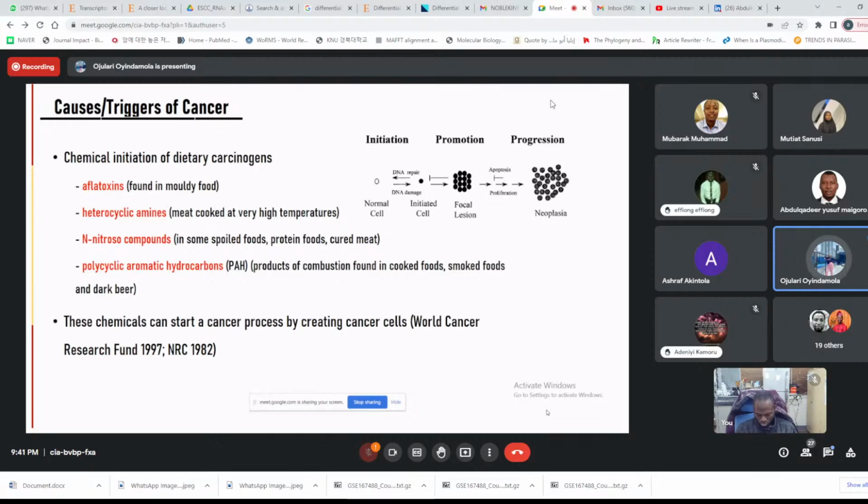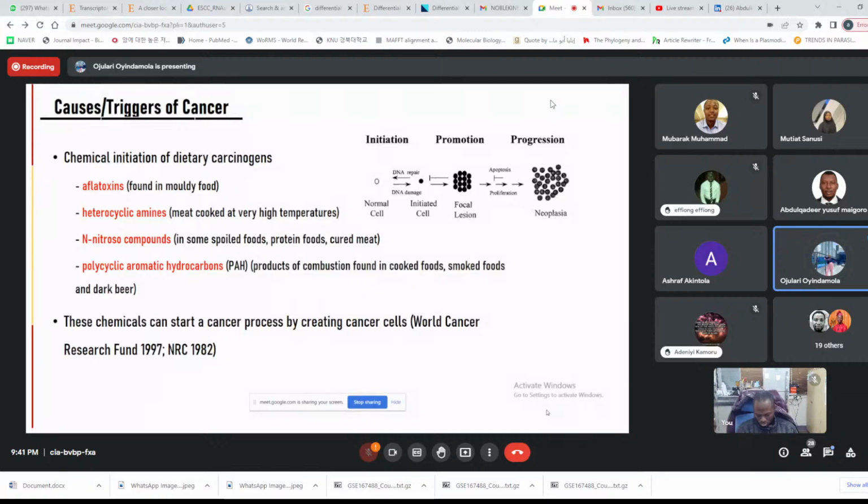And what these chemical reactions, or these chemical initiations, do is that they begin to start a cancer process by creating cancer cells in our body. And once these cancer cells are produced in our body, that is the initiation stage.